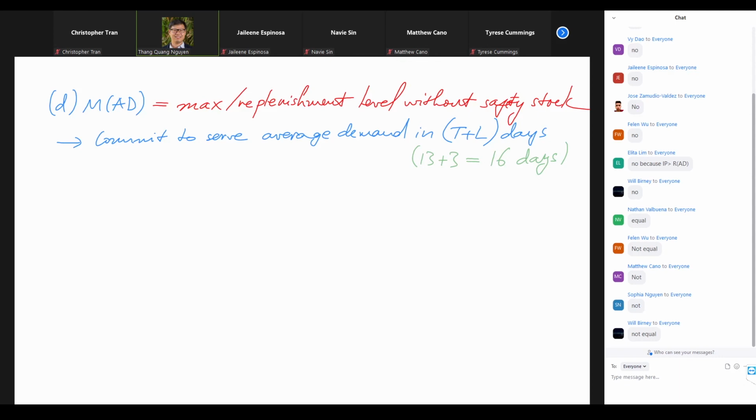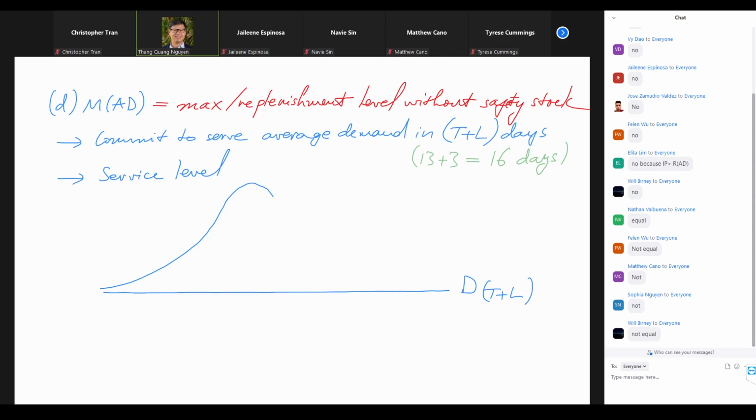So it means that we can draw the service level like the following. So one more time, we draw the demand distribution, right? This is the demand during T plus L days. So we assume it follows a standard normal distribution, right?